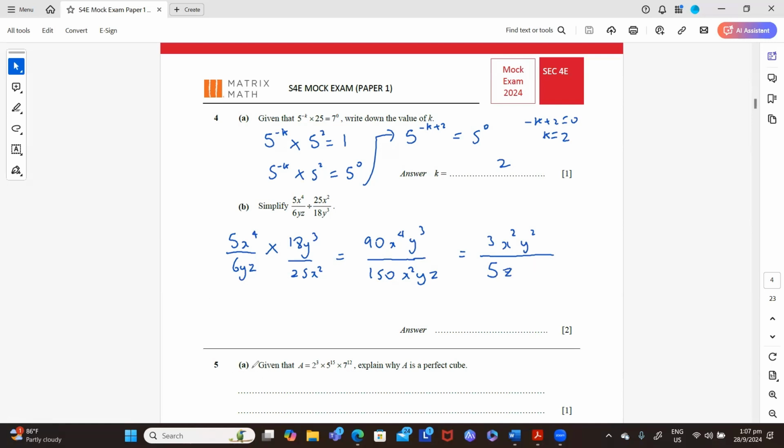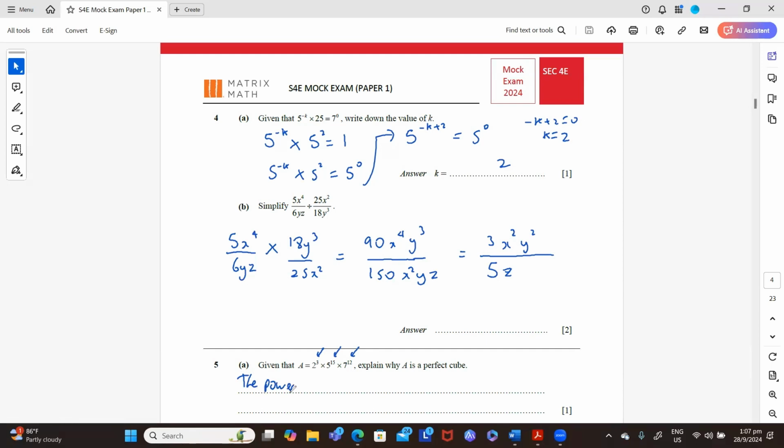Okay, let's observe 5a. Given that a equals 2 cubed times 5 to the power of 15 times 7 to the power of 12, explain why a is a perfect cube. Because if you observe the powers, they are all in multiples of 3. So how you want to write it in detail is, you write down the powers.